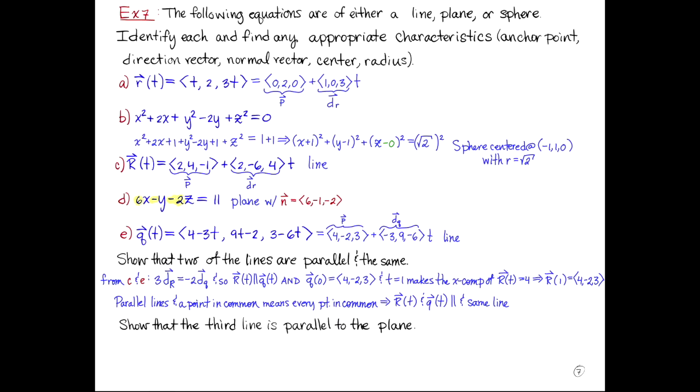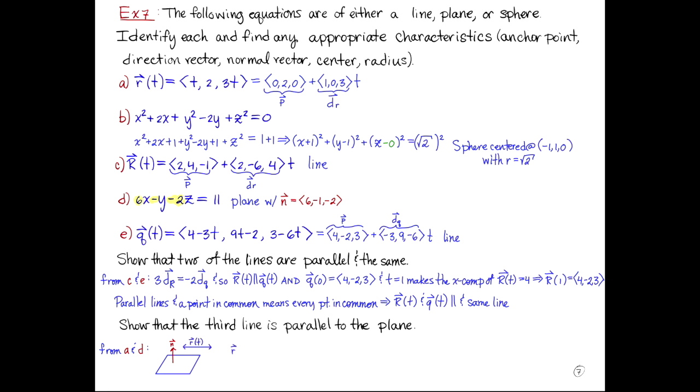We want to show that the third line is parallel to the plane. From part A and D, let's draw a quick sketch here. We have our plane with our normal vector n and a line, R of t, that's parallel to the plane.